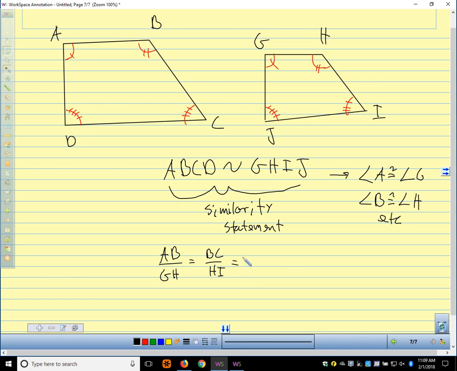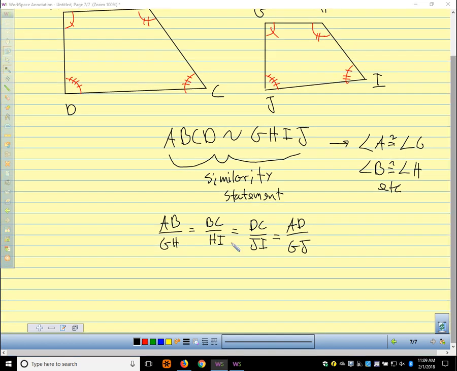That also is the same as the ratio of CD to JI. And that is also the same ratio as AD to GJ, these two sides. All of those are the same ratio. The sides are proportional. Any of these is called the scale factor.